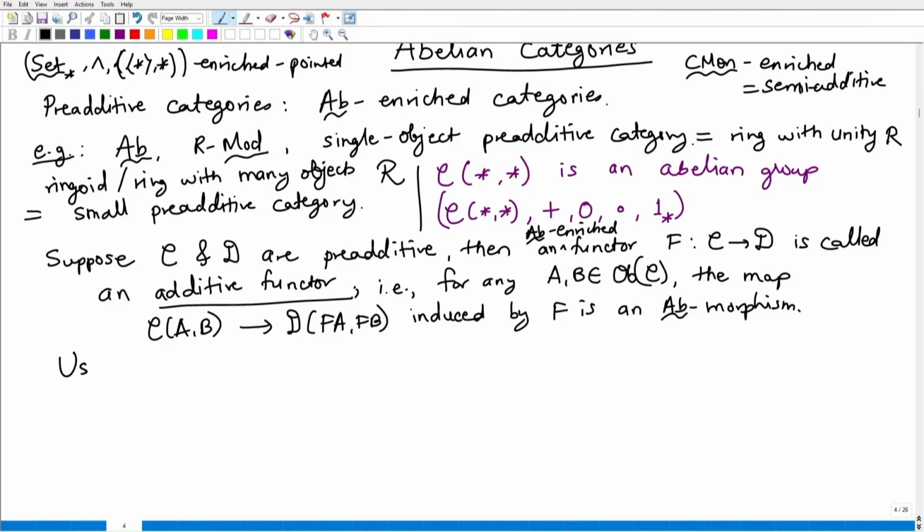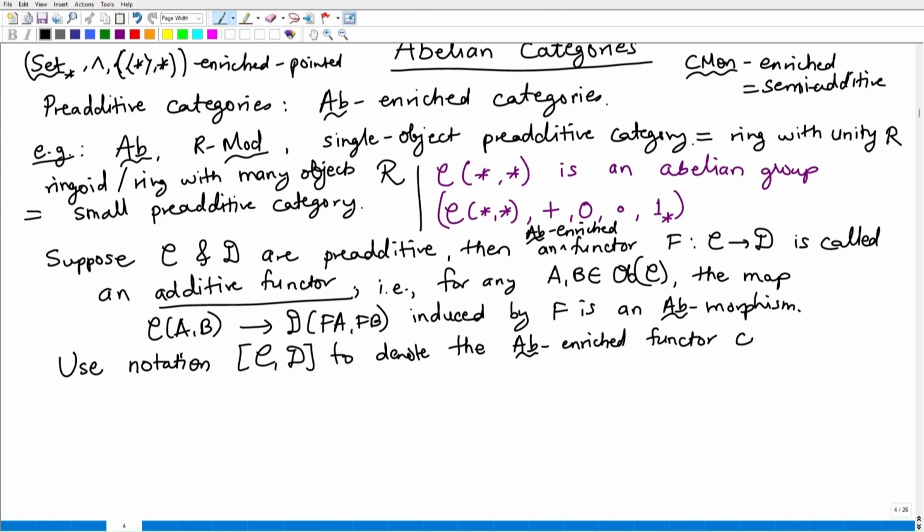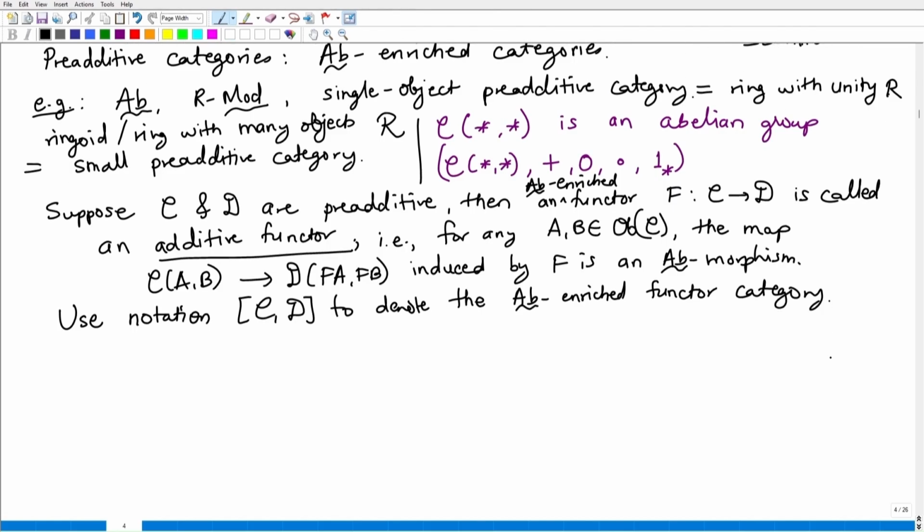So we are going to use the notation [C,D] to denote the Ab-enriched functor category. I'm not going to specify that it is an Ab-enriched situation, you just have to understand.